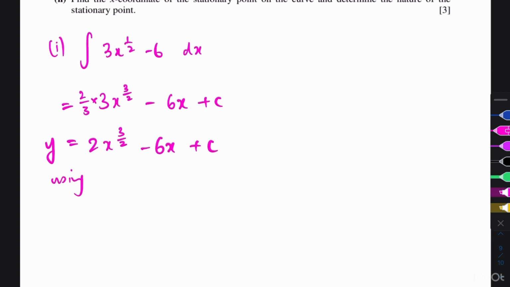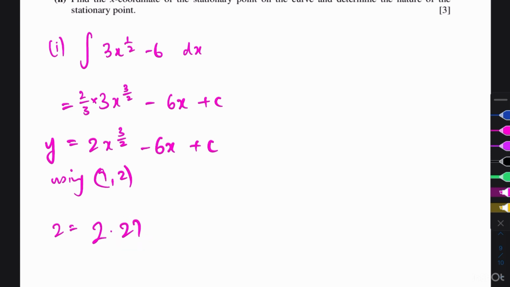So using 9, 2. So 2 goes into y because that's the y coordinate, so 2 equals, and 9 is the x coordinate. So 2 times 9 to the power of 3 over 2. So the root of 9 is just 3, and 3 cubed is just 27.